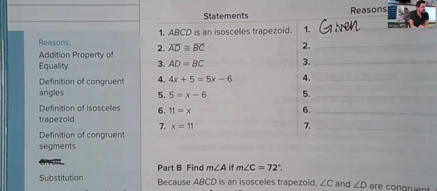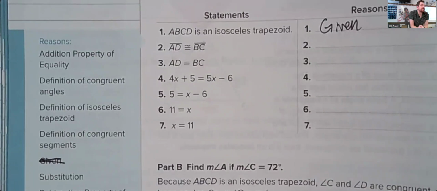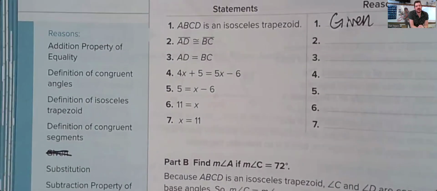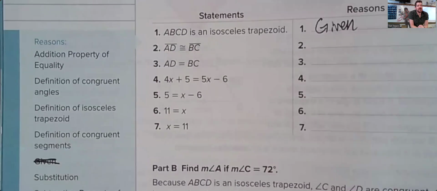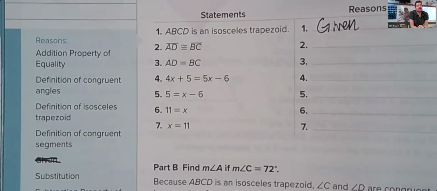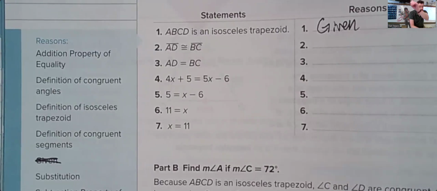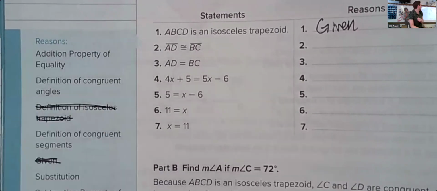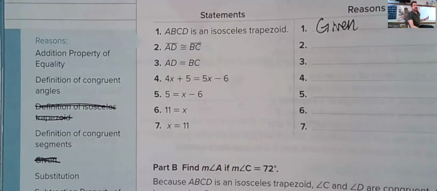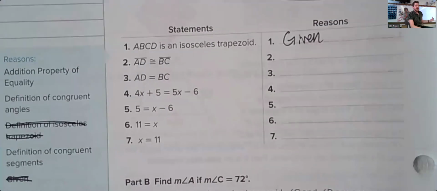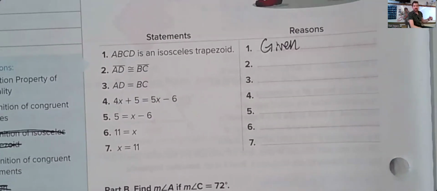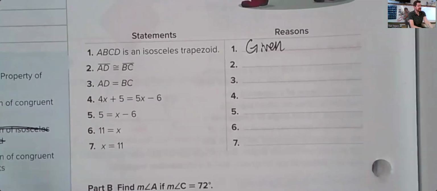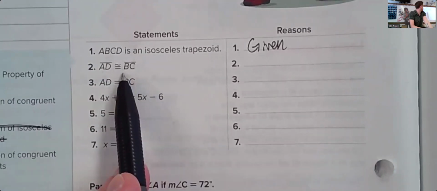It is a definition, but the definition of congruent goes from congruent to equals or equals to congruent. What's it a definition of? What shape do we have? It's a definition of an isosceles trapezoid. Not a triangle, it's a trapezoid. Definition of isosceles trapezoid says that it's a trapezoid with a pair of congruent legs. So that's the definition of isosceles trapezoid that allows us to make that statement.